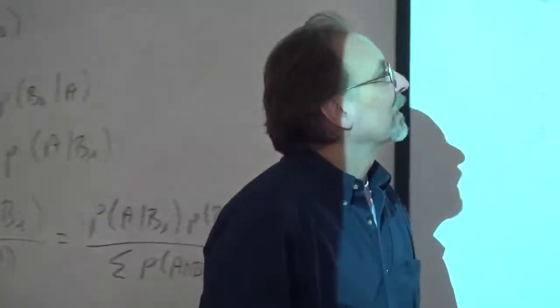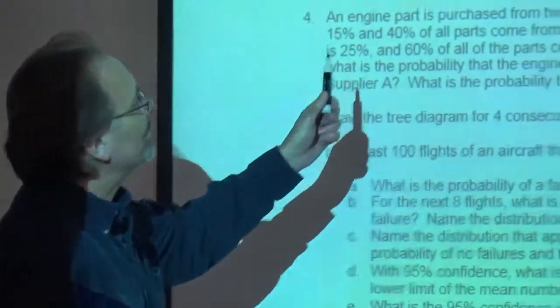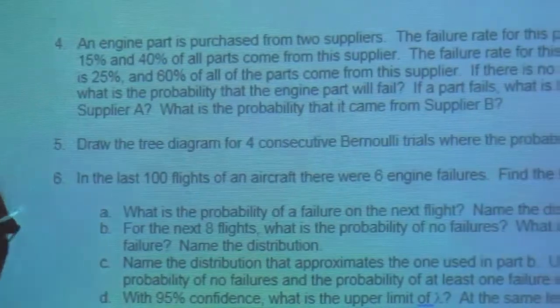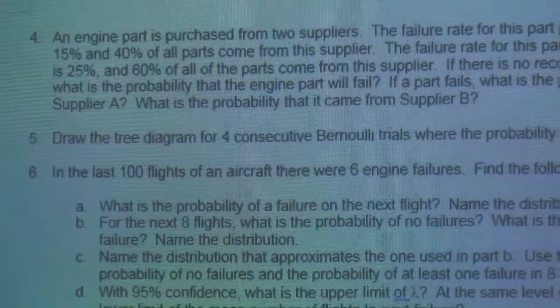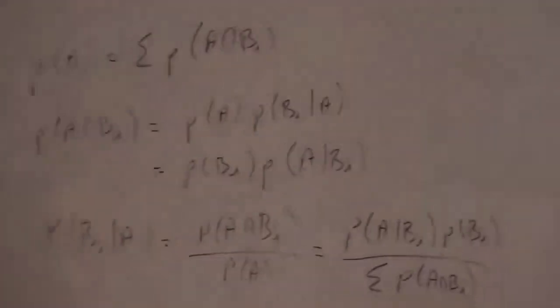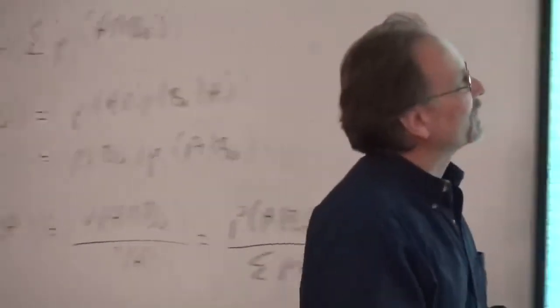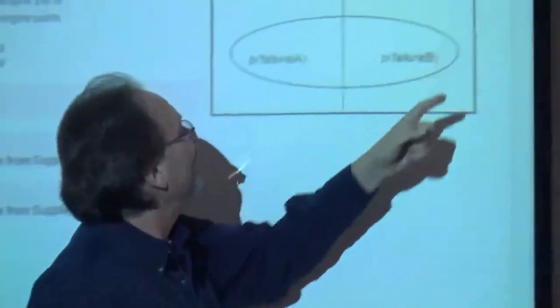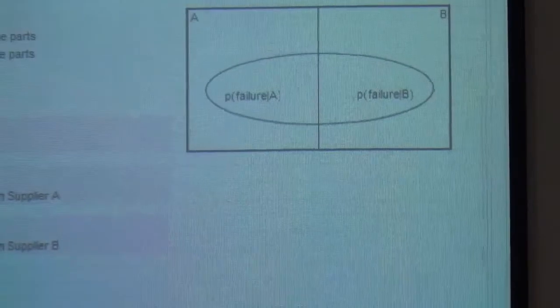So here we have an engine part purchased from 2 suppliers, so that means we have 2 sections. Those 2 sections are suppliers A and B, and the failures are the subset that intersect both A and B.